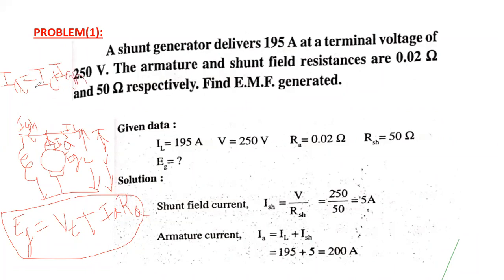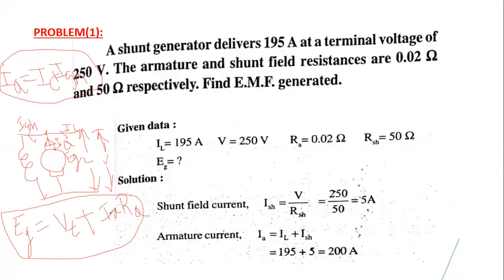Therefore IA is equal to IL plus ISH, where IA is the armature current, IL is the load current, and ISH is the shunt field current. By using these two formulas, we can easily derive the EG.